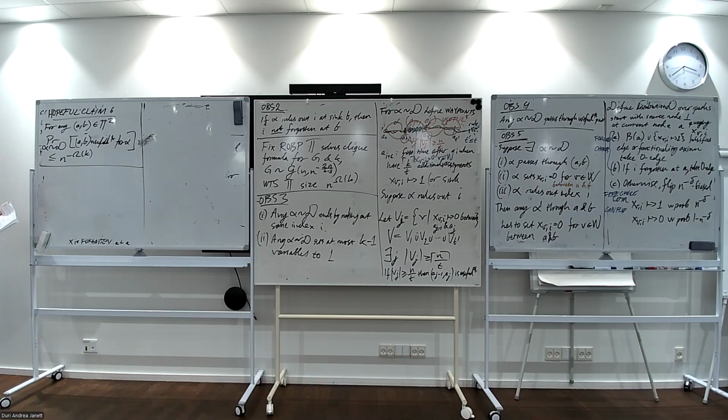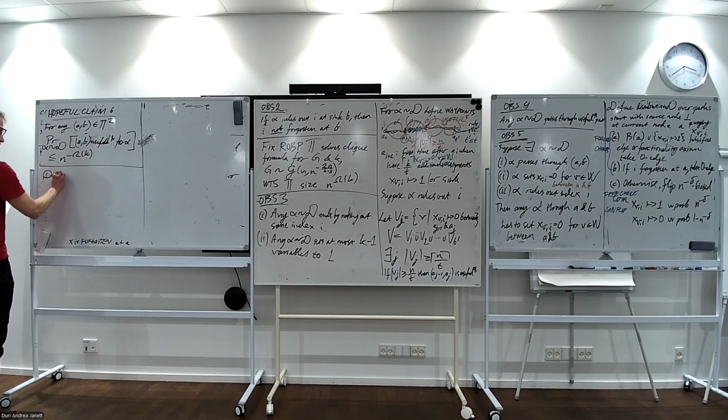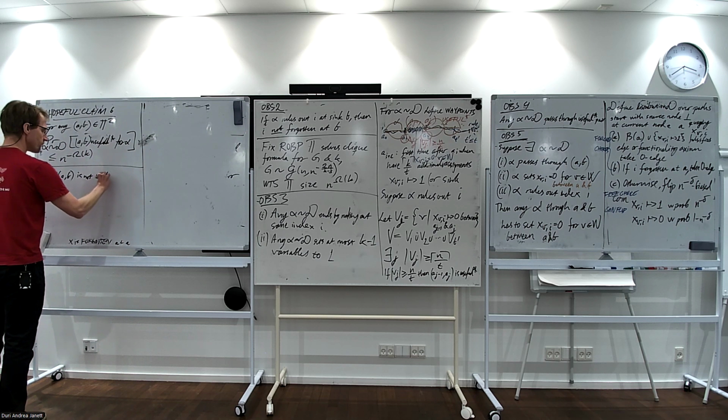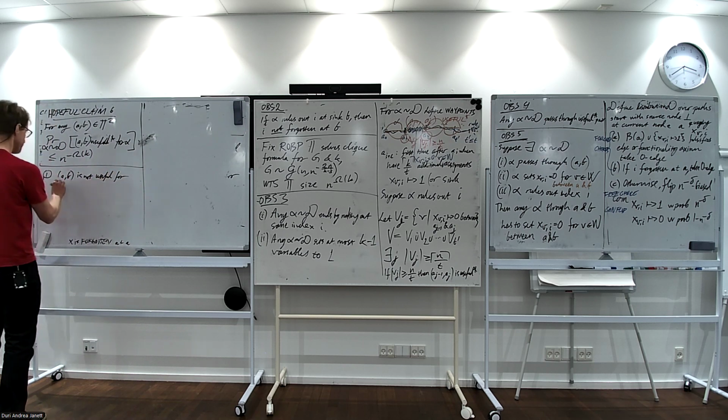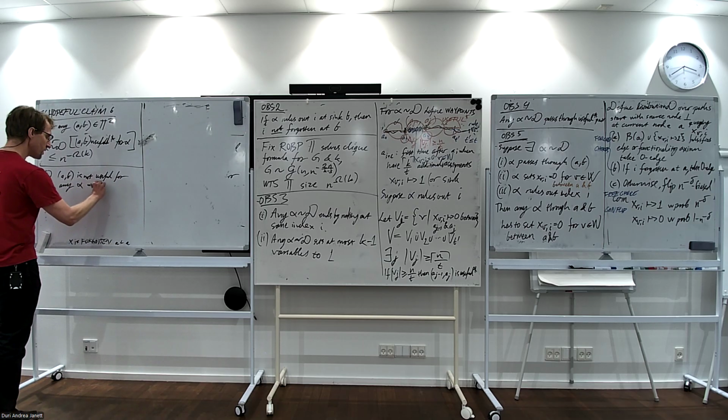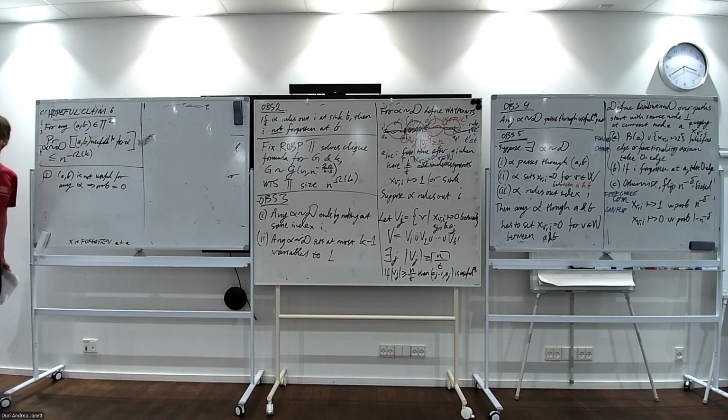If we can do this, then we're done, right? Because now we have three cases. If alpha beta is not useful at all, then we're very happy. The probability is 0, which is in particular smaller than we want.